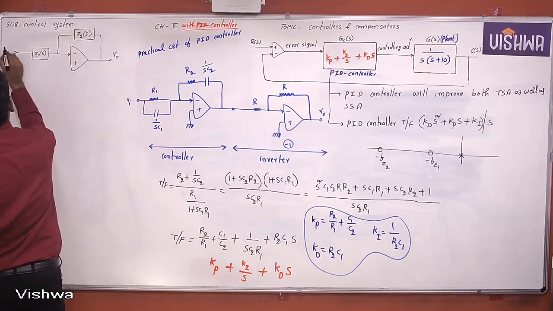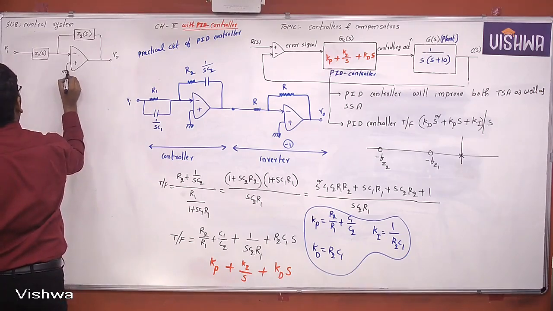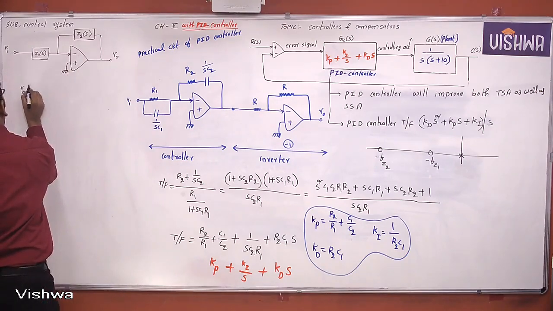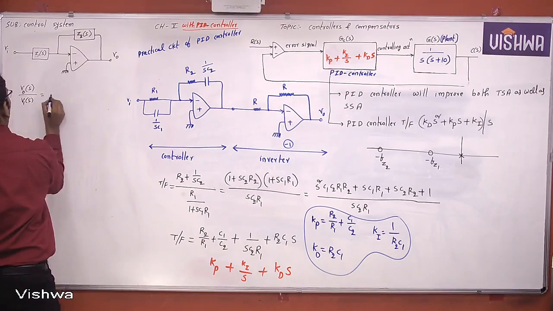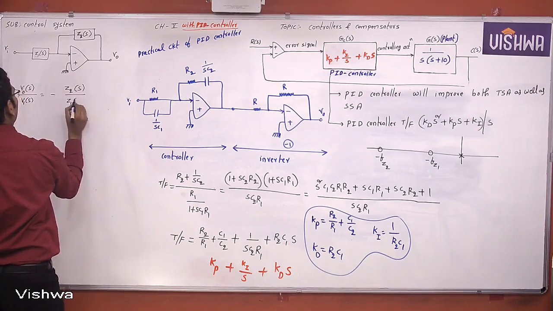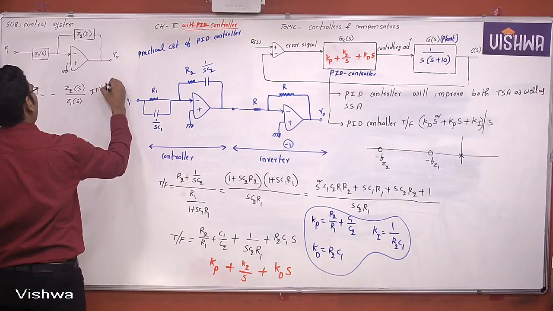What is the transfer function? You know that. Now if this is the inverting amplifier, the transfer function V0 of S by Vi of S is equal to minus Z2 of S by Z1 of S. Inverting amplifier.